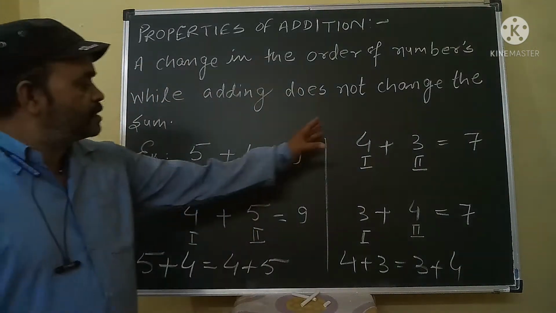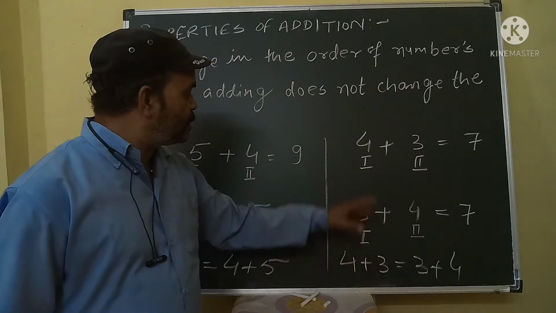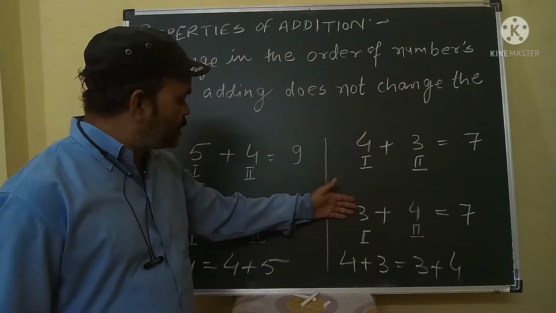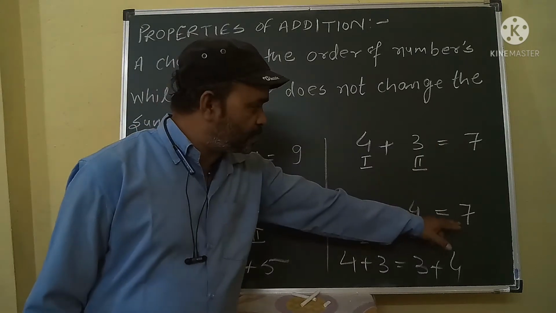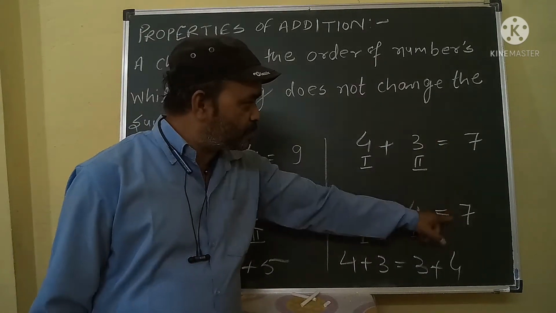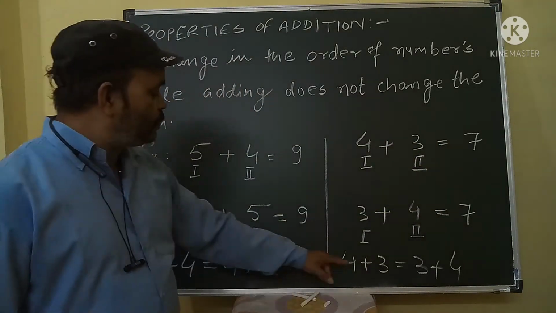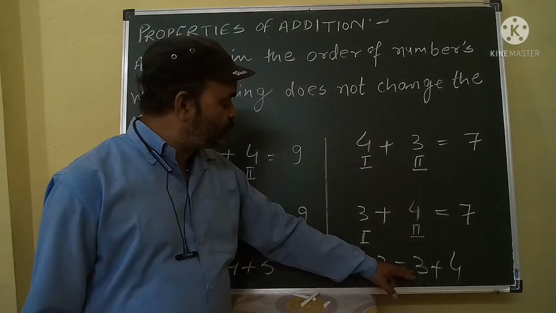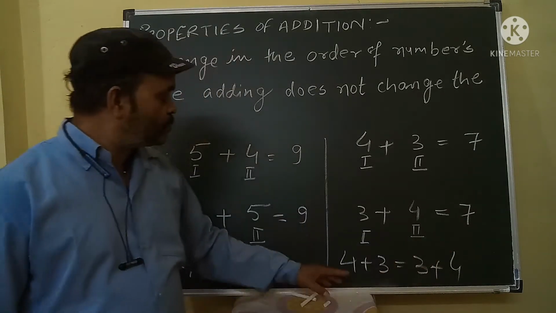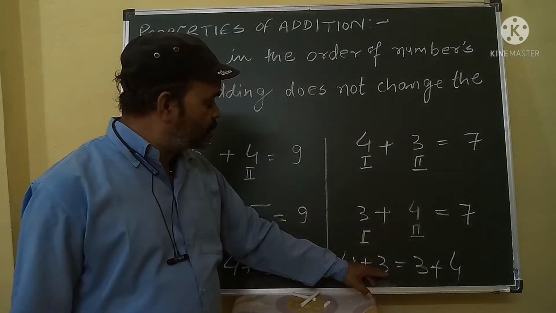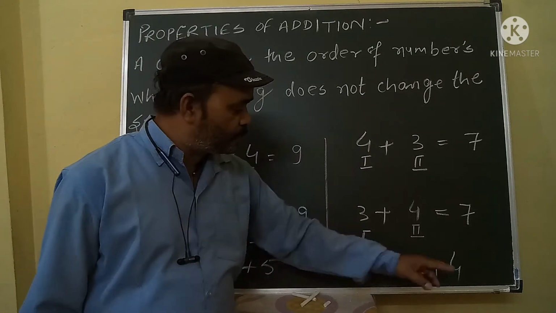Okay. In the second example, in both of these conditions, the results are the same, that is 7. Therefore, 4 plus 3 is equal to 3 plus 4.